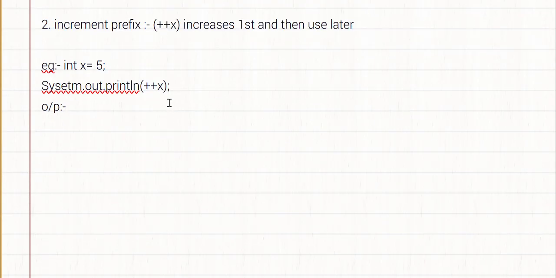First the increment happens, 5 becomes 6, and then assignment, so the output will be 6. Let's check the dry run.